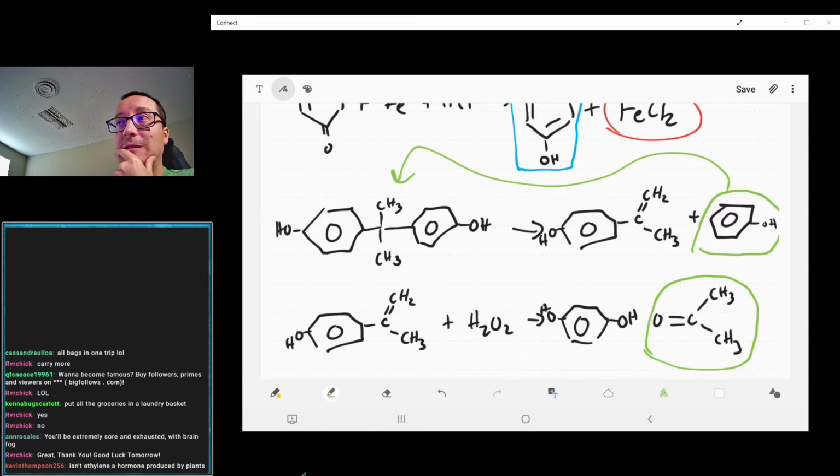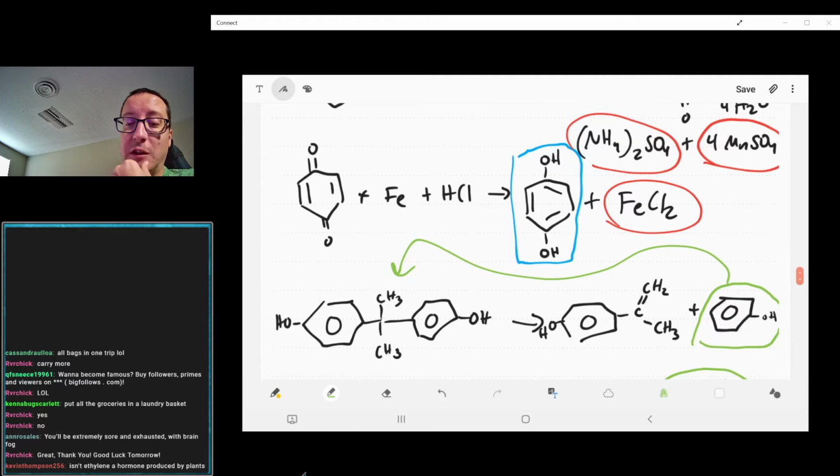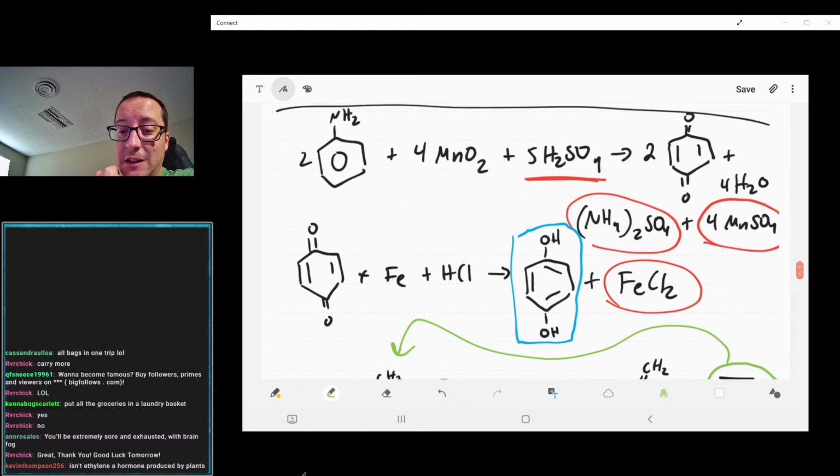And as a result, we don't have any waste here. We end up making our ideal product. Notice we had all of these transition metal wastes here, various salts that we don't want. We had to use toxic sulfuric acid and an oxidizing agent in the form of the manganese. So we're able to get through a lot of that.